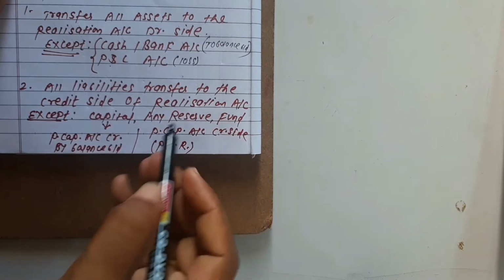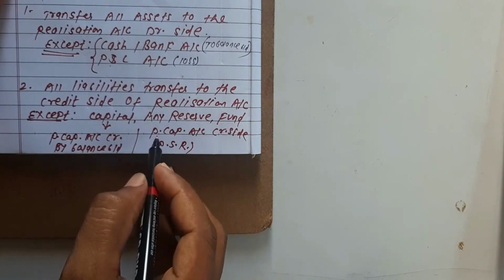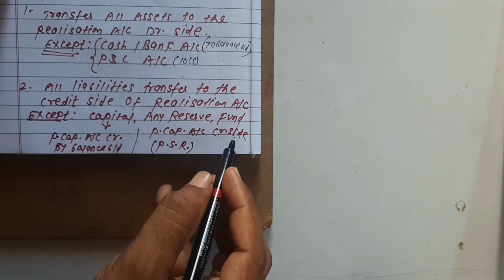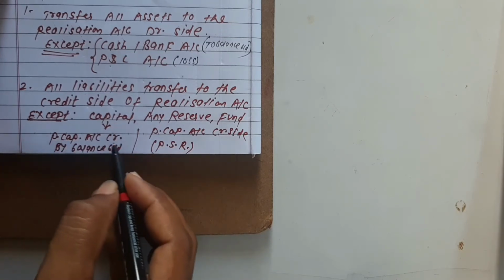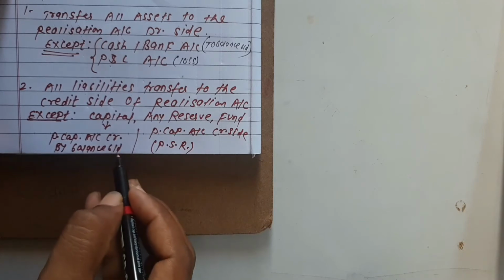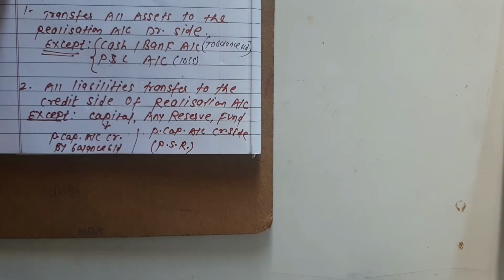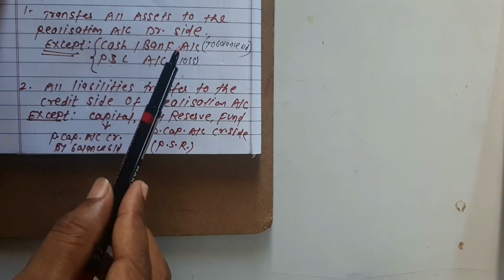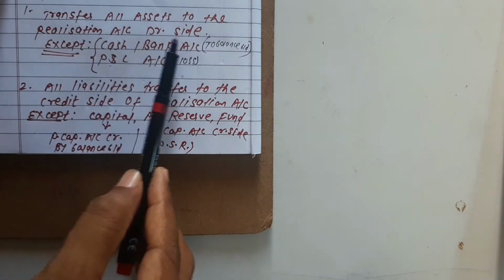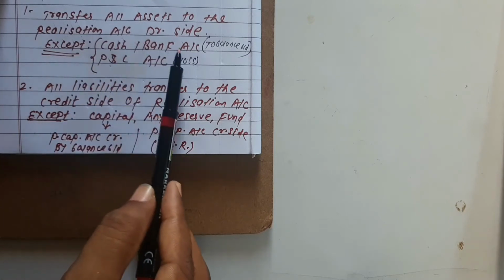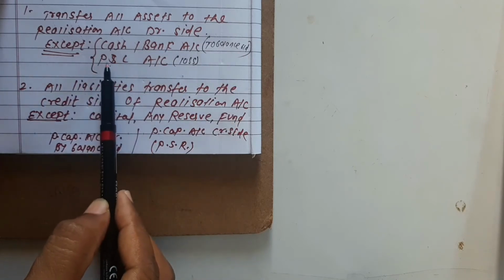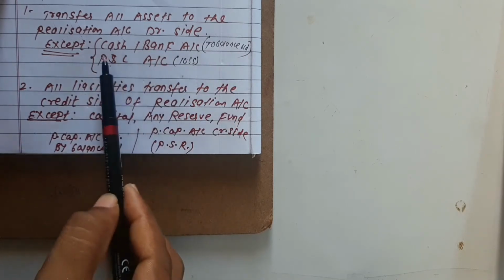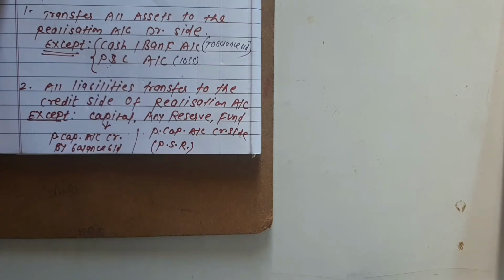Got it? So these two are very much clear: all assets should be transferred to the realization account debit except cash or bank, because cash or bank goes to cash or bank account debit side to balance brought down, and if profit and loss, that means a loss, that should be shared by the partners.